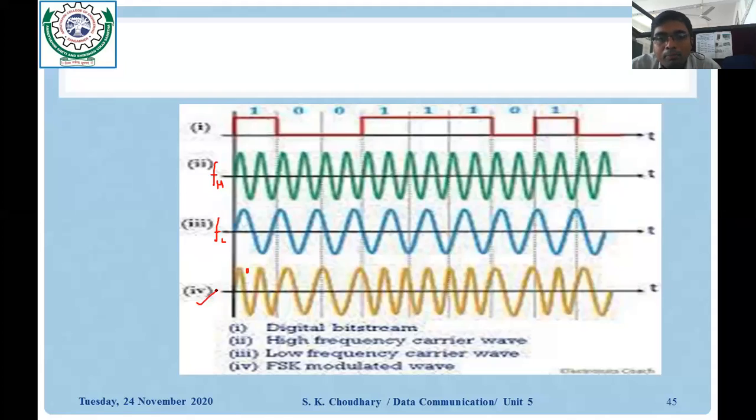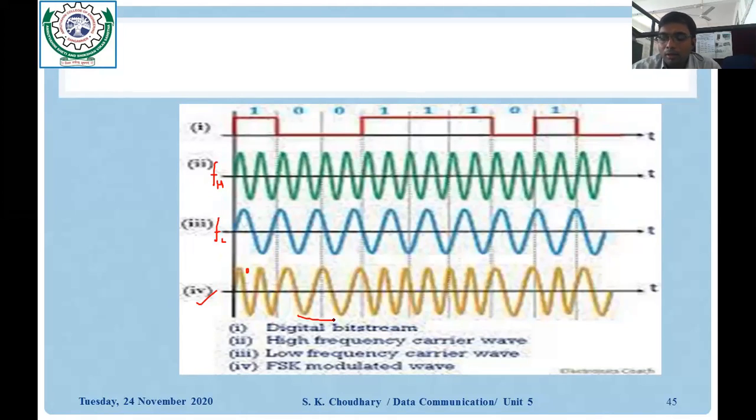According to the pattern of binary 1 and 0, the frequency of the signal would be modulated. For binary 1 it has the higher frequency, that is FH, and for binary 0 it has the lower frequency, that is FL. Okay. So in this way, this is the representation of the BFSK signal.